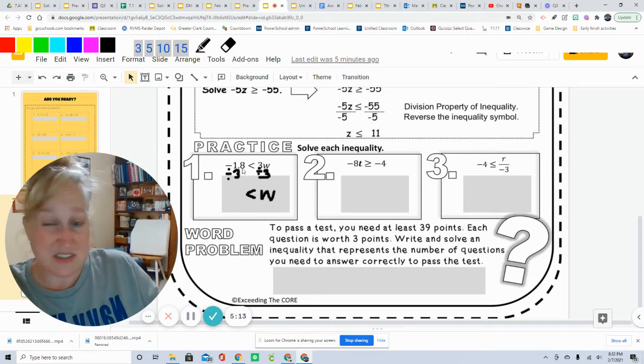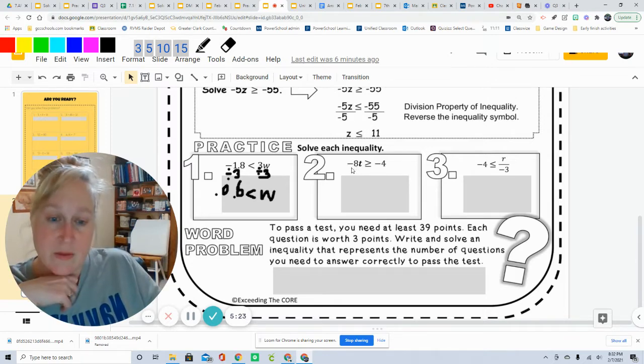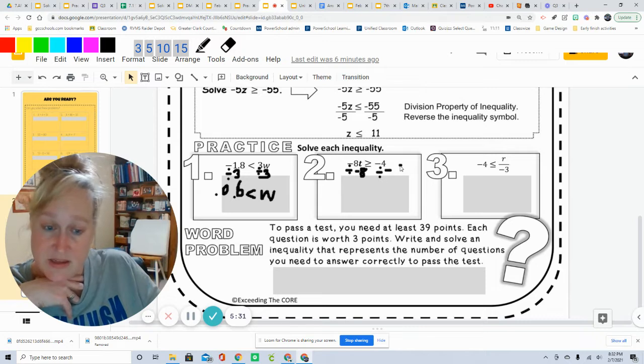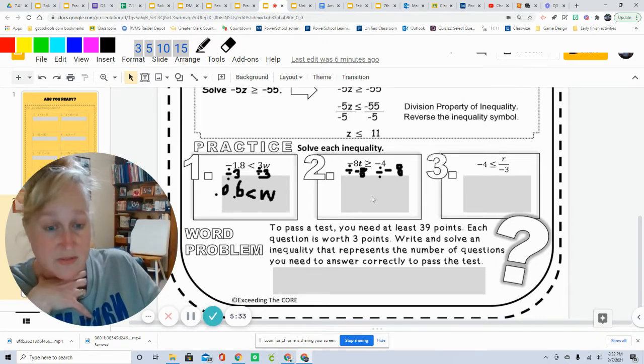1.8 divided by 3, I'm seeing 18, so I'm putting 0.6. So you're going to type 0.6. This one, however, I'm going to have to divide by a -8. Since I'm dividing by that -8, my inequality flips.